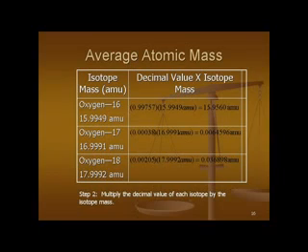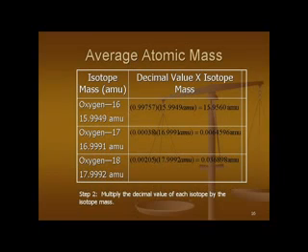Step 2, which is at the bottom of the slide, says to multiply the decimal value of each isotope by the isotope mass, and so that's what we're going to do. For our oxygen 16, we take our 0.99757 times its atomic mass in AMU, 15.9949 AMU, and we get 15.9560 AMU.